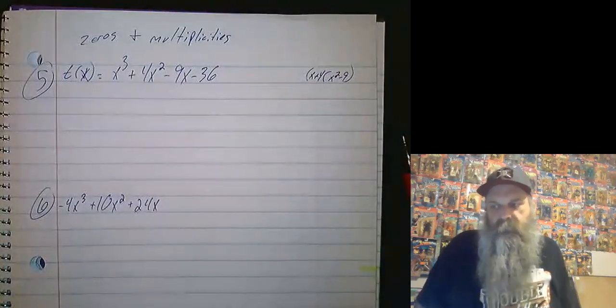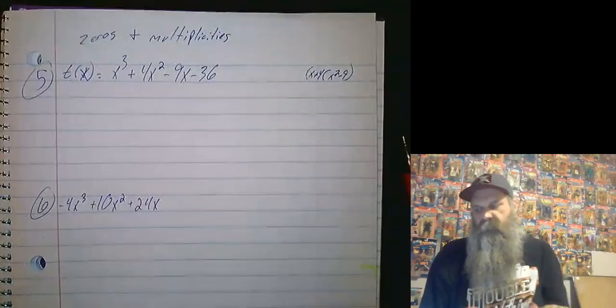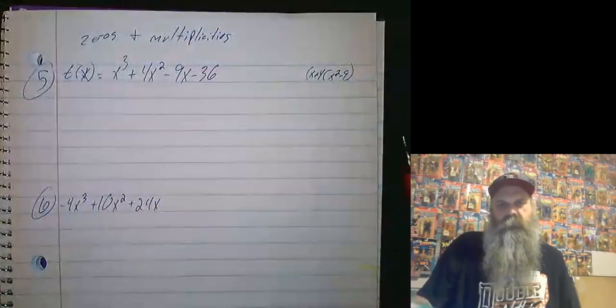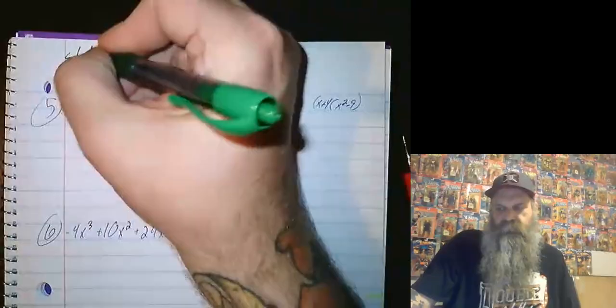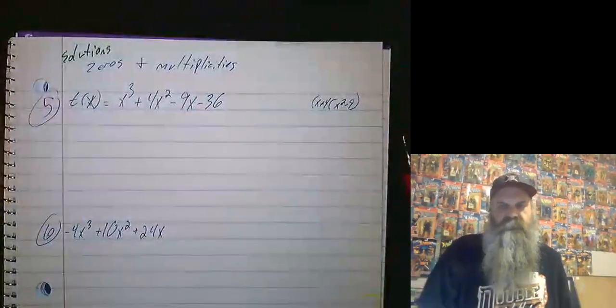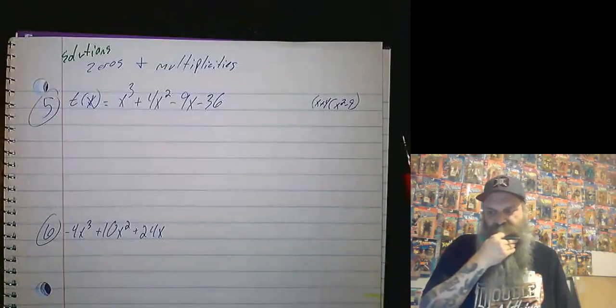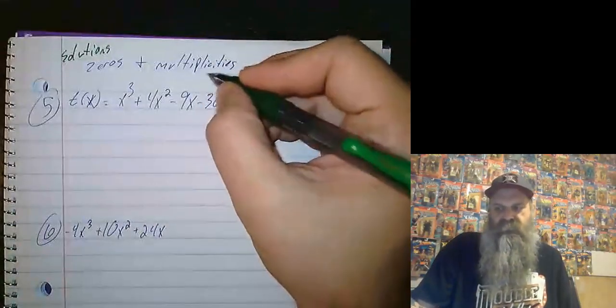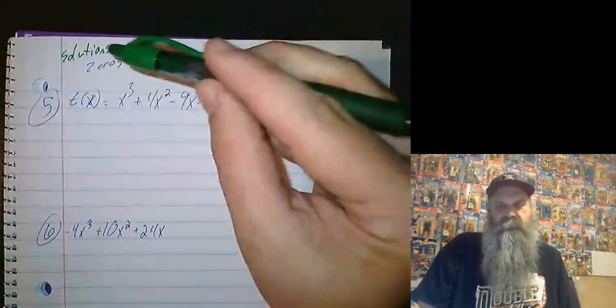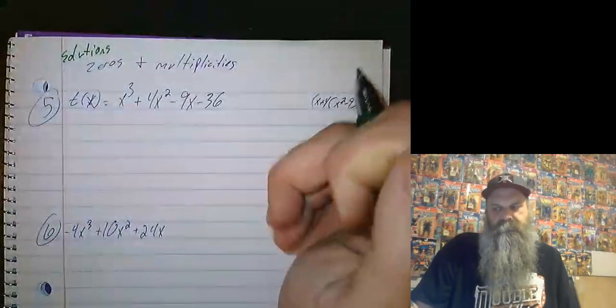All right, so let's take a look at 5 through 10, looking at zeros and their multiplicities. In this unit, we call solutions zeros. And multiplicities is how many times does that solution appear.